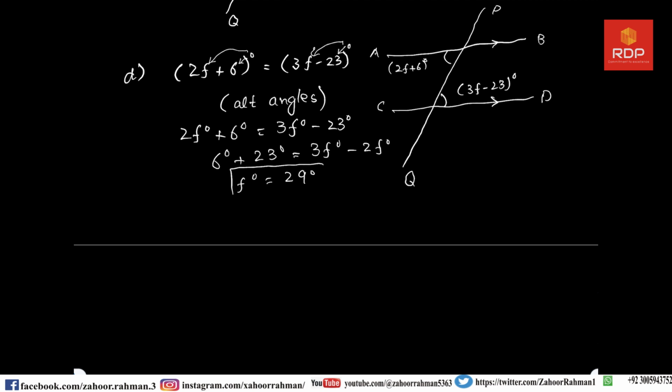When we add these two and rearrange, that will be equal to 29, and when we subtract 2f from 3f, we are only left with f. So here we are saying that f is equal to 29, and that is the ultimate answer.